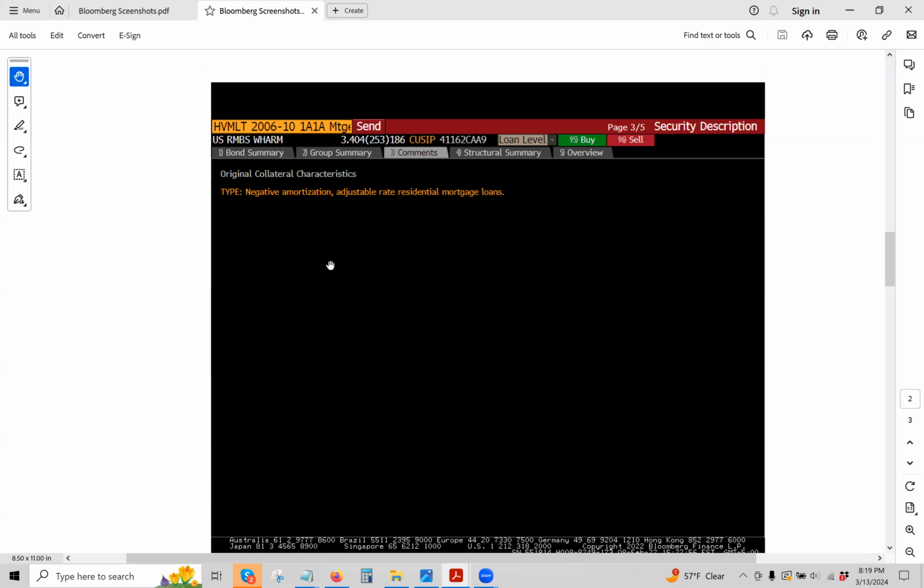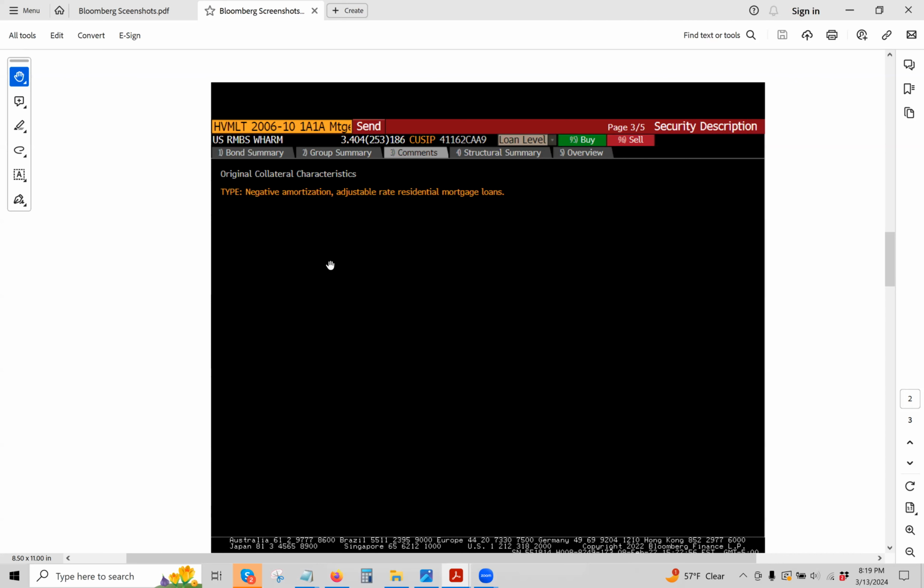Obviously, that's risky, right? So that was one of those loans that obviously you don't see nowadays. So obviously there was an issue with that. I mean, you could possibly find a similar loan like that, but you don't see it on a wide scale as you did back then.